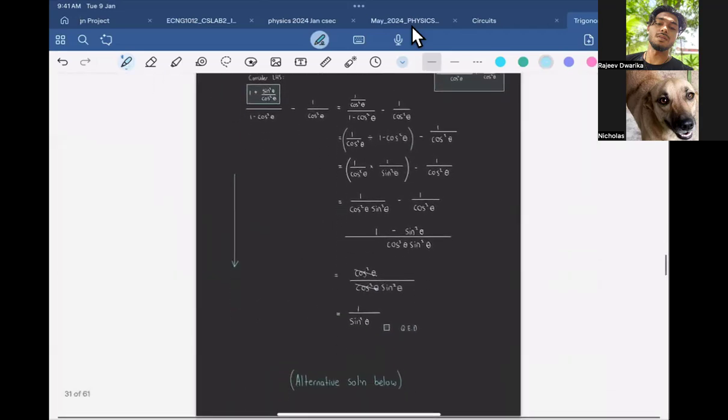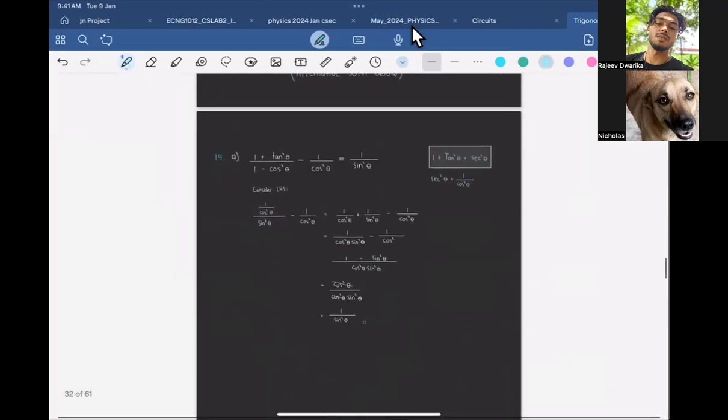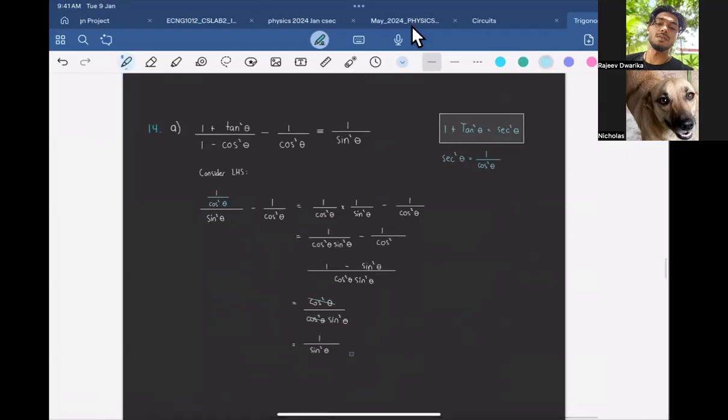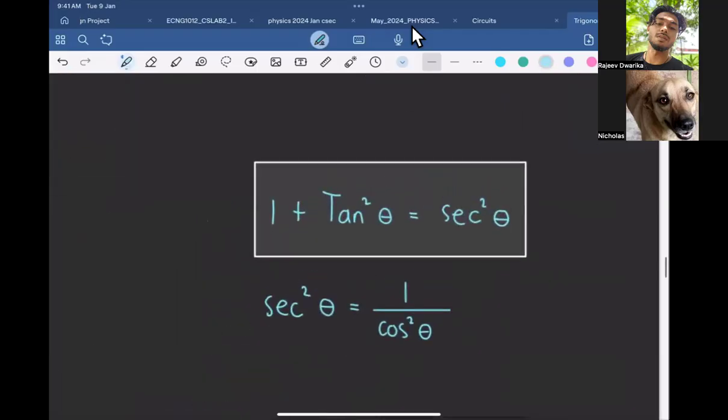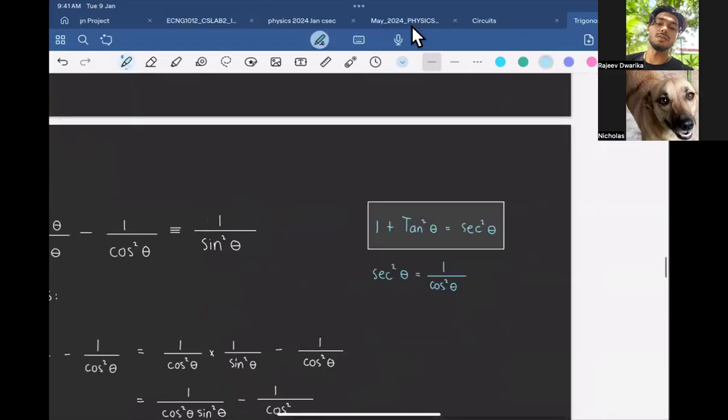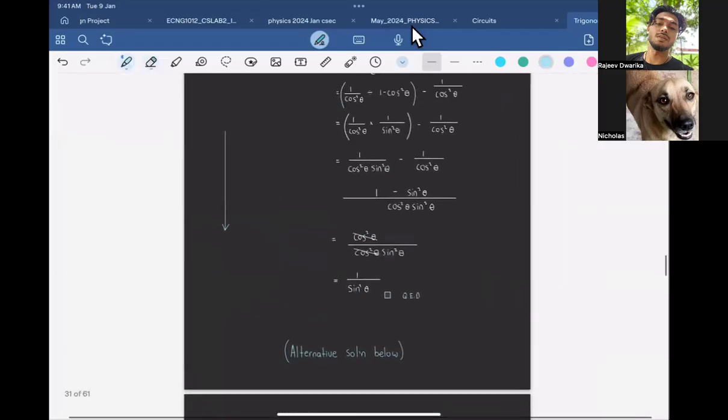Right, so we'll copy that down. I have an alternative solution here, and this alternative solution looks real simple. I would use an identity that's a little advanced. Have you seen this identity before? 1 plus tan squared theta is equal to sec squared theta. Yes, I've seen it before. That's the other solution, I'll explain that just now.